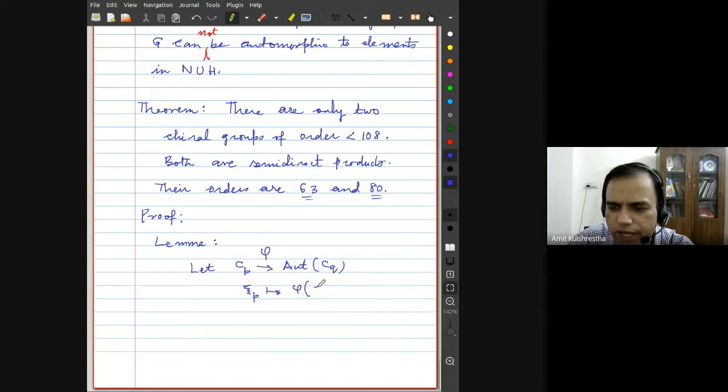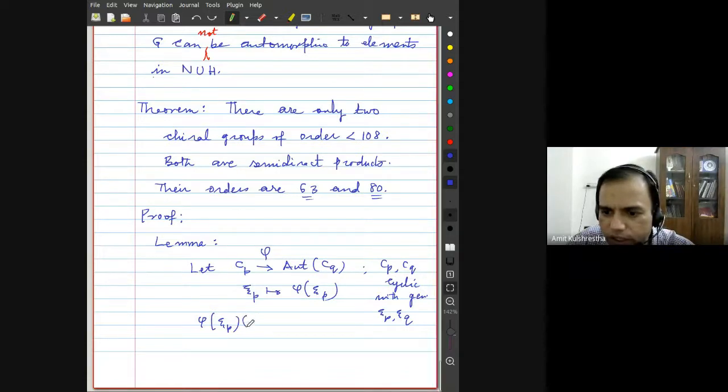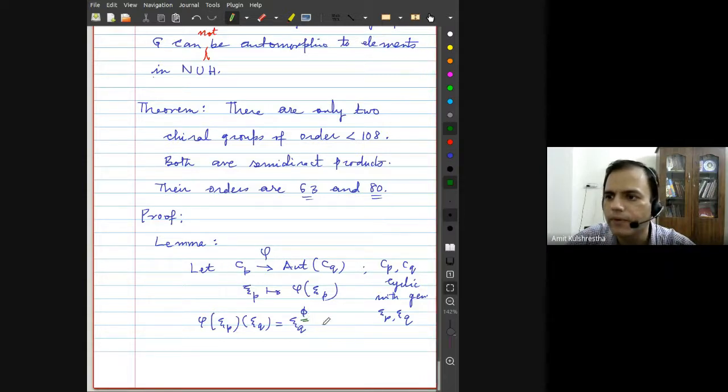So phi of zeta_p acting on zeta_q takes it to some power, right? So I'm just writing that power as phi. Okay, so phi is defined like this.